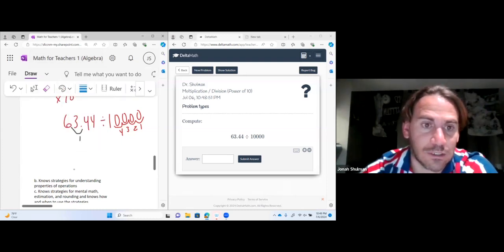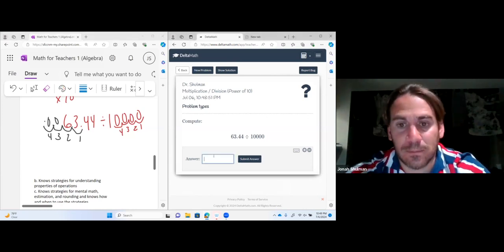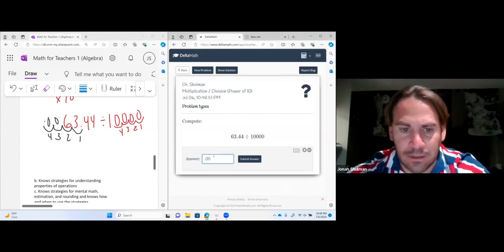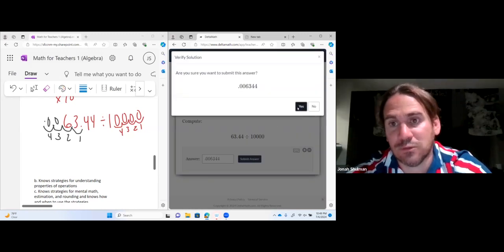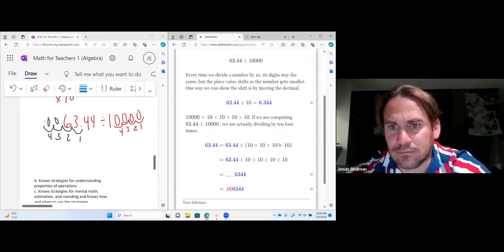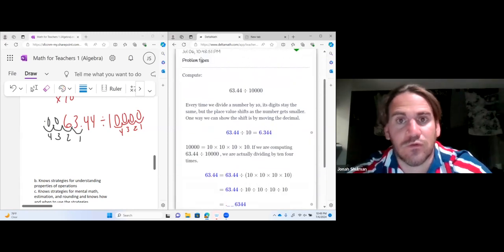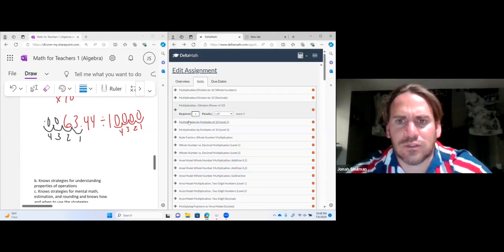So we have to go 1, 2, 3, 4, and there's the decimal. 0.006344. That's how I would show them to do it. Let's see what they say. Nice, I like it. Looks just like mine. Beautiful. All right, let's try another one.